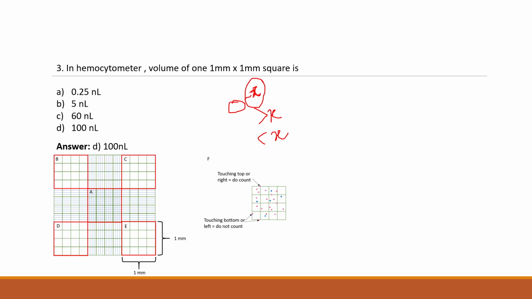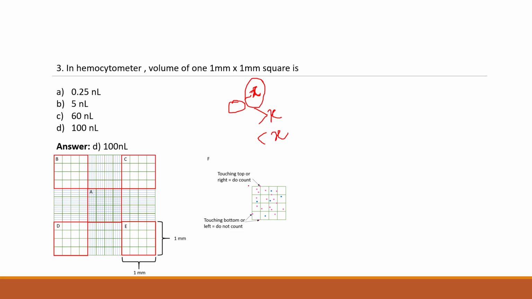But if they are touching the border, then you should know which side to count and which side not to count. So what are they saying here? Touching top or right, do count. Touching bottom or left, do not count. Generally this is what we practice.